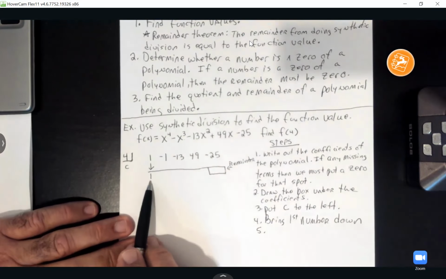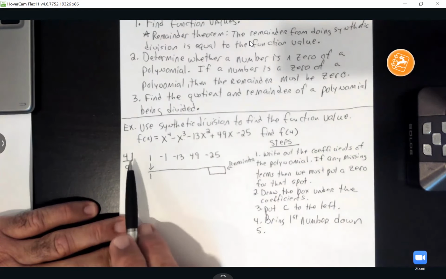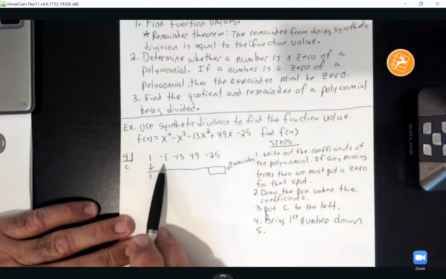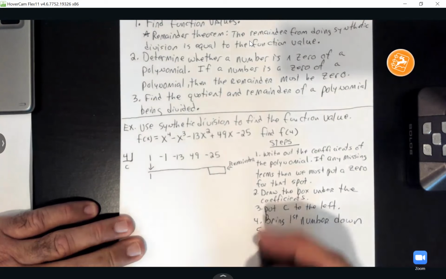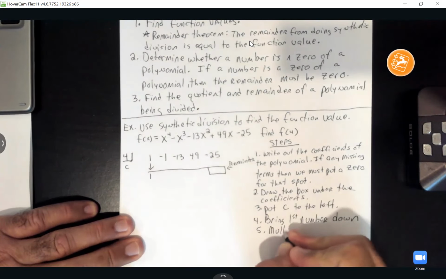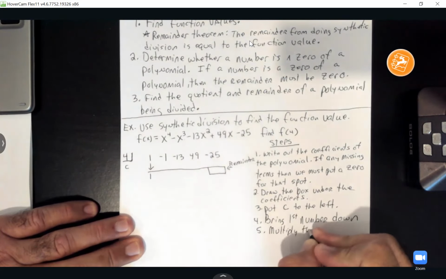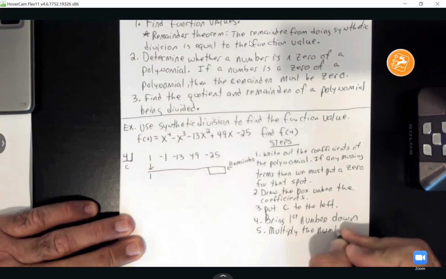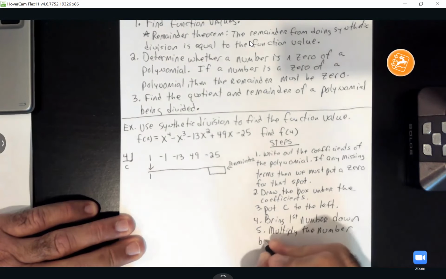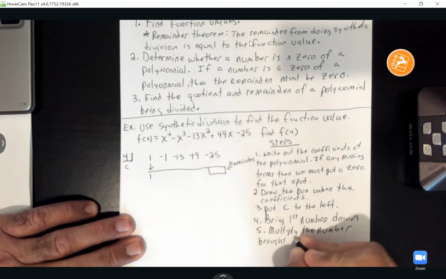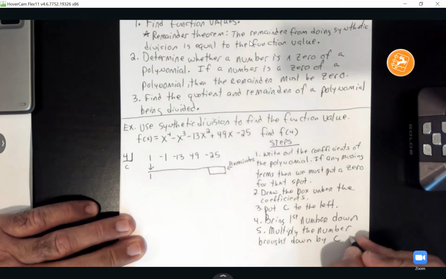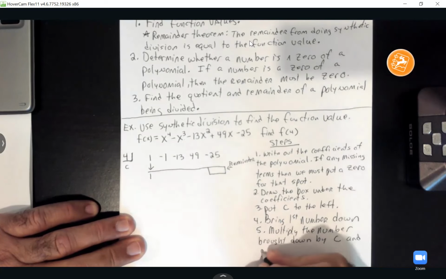Once I bring that number down, any number down here below the line, we're going to multiply by the C to get the next column. So I'm going to multiply the number brought down by C and put it in the next column.